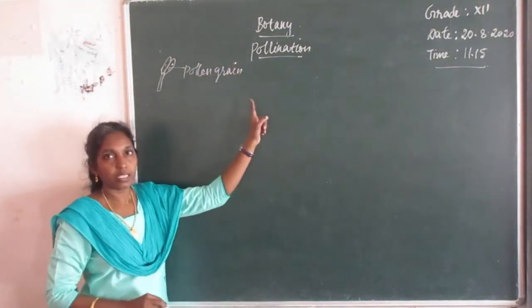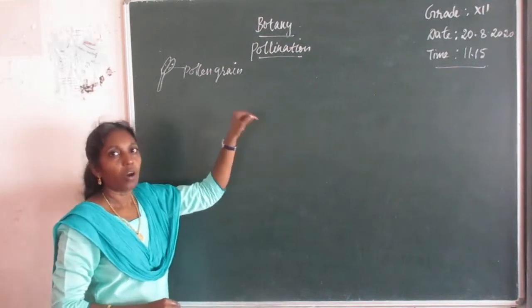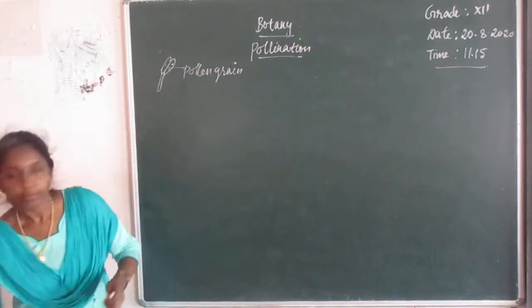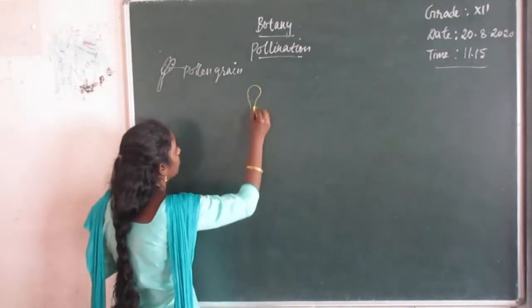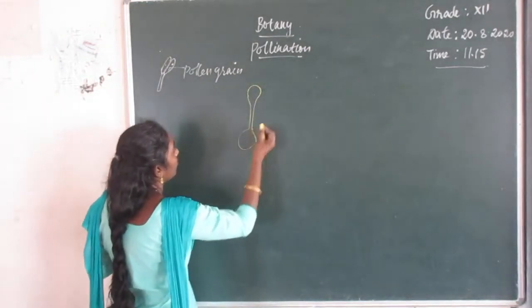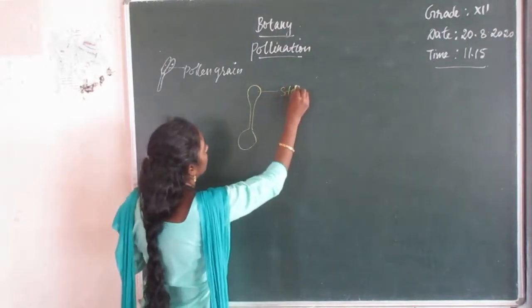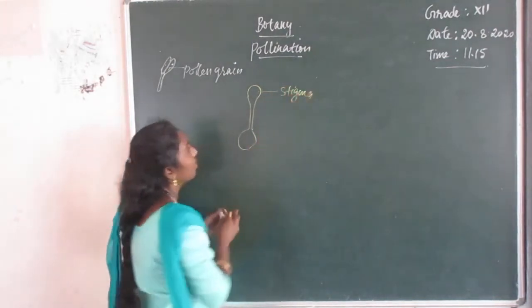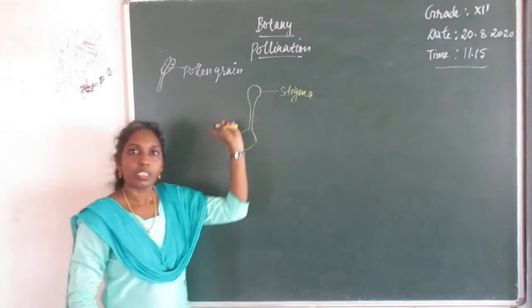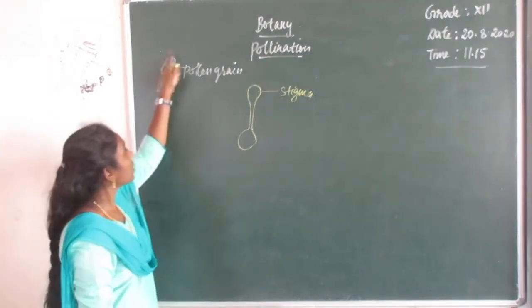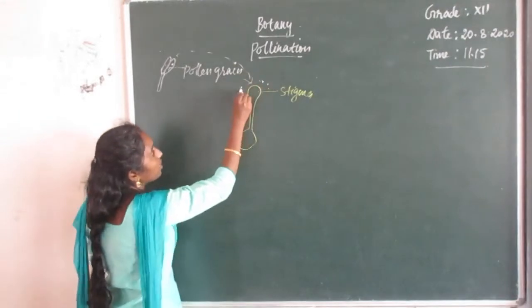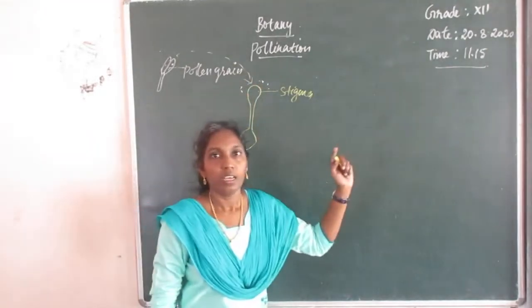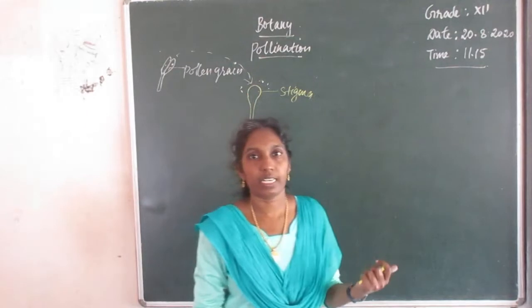These pollen grains are dusted on the stigmatic surface. Stigma. So pollination is a process by which pollen is transferred from anther to stigma. This process we discussed in the previous class.